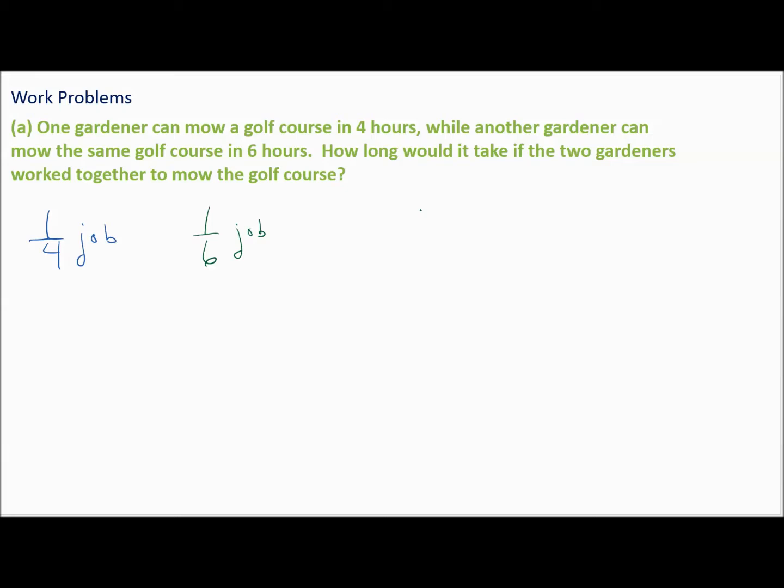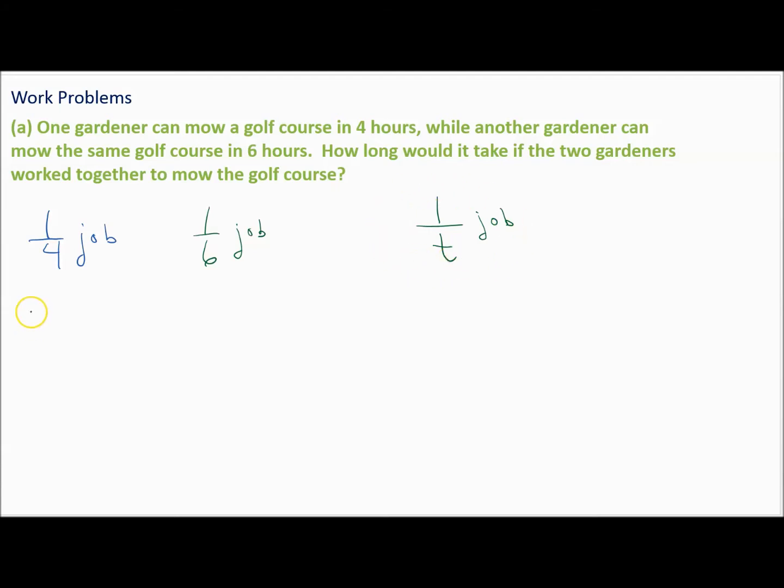So if you think about if they work together for 1 hour, it would be 1 over, we don't know, I'm just going to put T of the job, okay? Now, the best way to think about this is you've got this rate for one person added to this rate, and if you add the two rates together, it's going to equal the rate of them together.